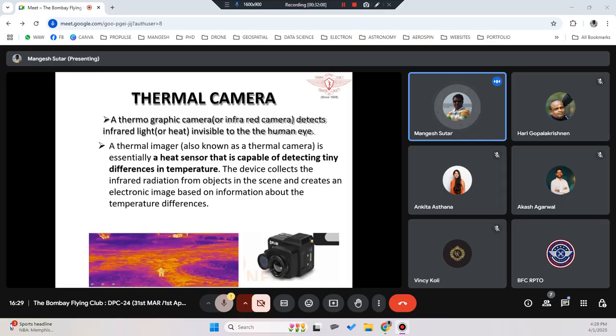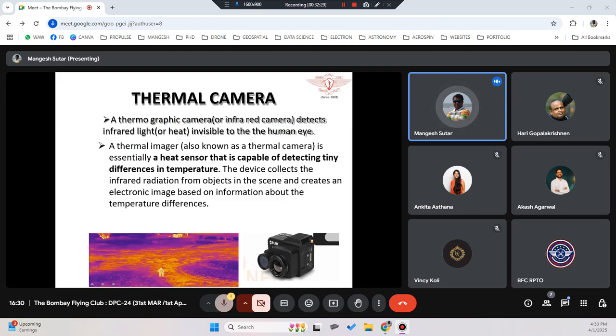Thermal imagers, also known as thermal cameras, are essentially heat sensors capable of detecting tiny differences in temperature. So whatever colors you are seeing, it is not actually measuring the direct temperature. It is measuring the difference in temperature, and based on that difference it creates the image.